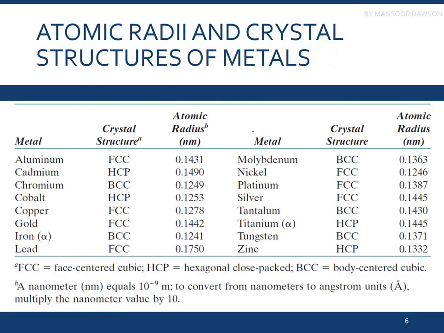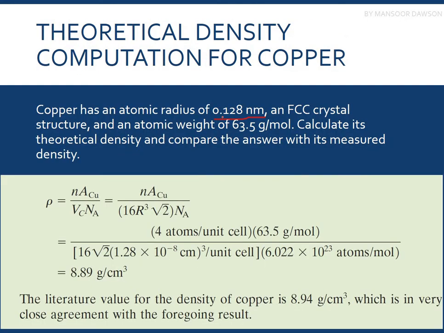It is also given in the slide for copper. In the problems given in the exam, you will be given the chart, the exact value of this. So here we have the atomic radius as 0.128 nanometers, and this has a crystal structure of FCC, which we know has 4 atoms.